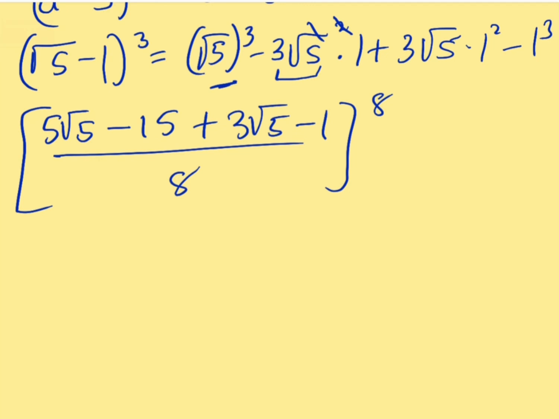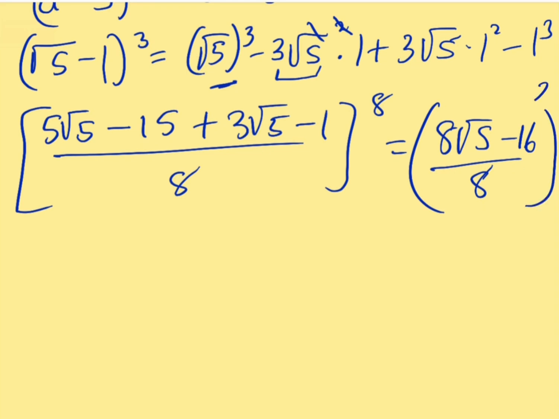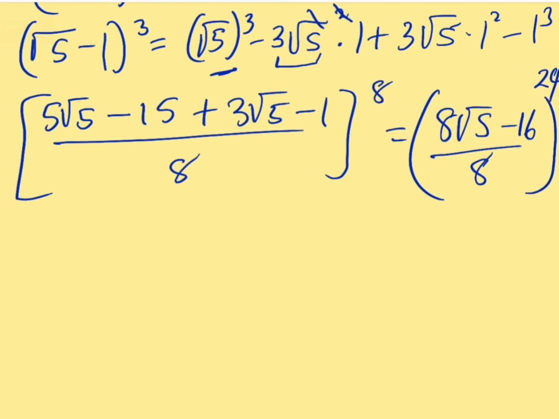So from here we can still simplify further to have 5 root 5 plus 3 root 5 is 8 root 5, minus 15 minus 1 is minus 16, then over 8, all to the power of 24. So let us factor out 8 in the numerator.